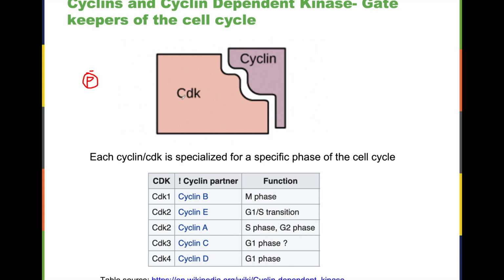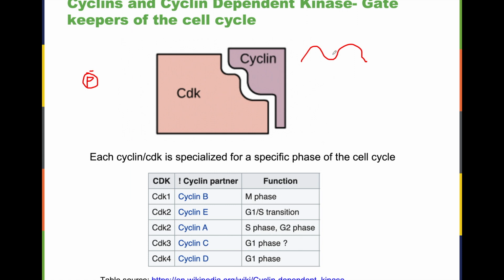Now, these cyclin-dependent kinases are available throughout the cell cycle at a constant level, but the cyclin molecules' levels fluctuate. So it goes up and down depending on which phase of the cycle the cell is in. Now, this cyclin-dependent kinase isn't really active unless its partner cyclin binds to it.